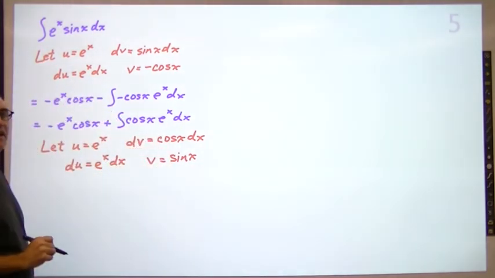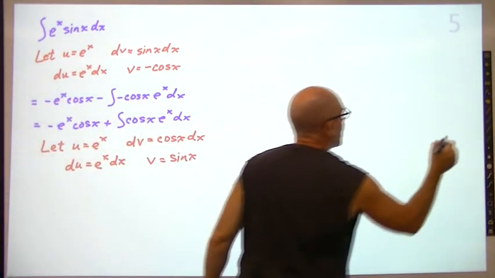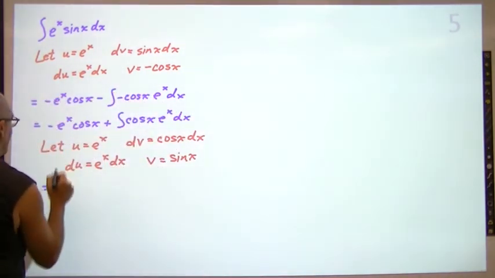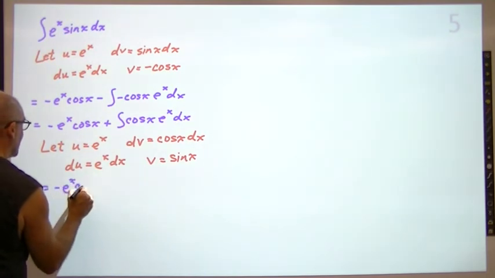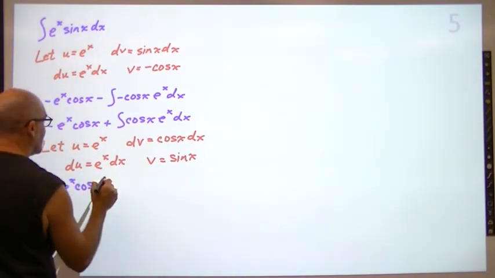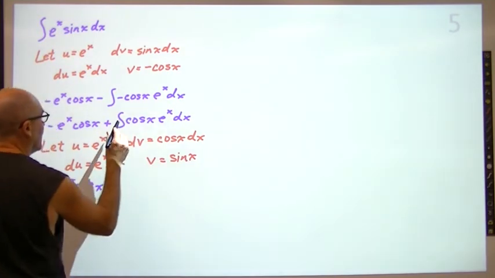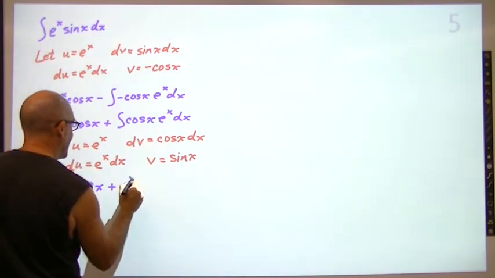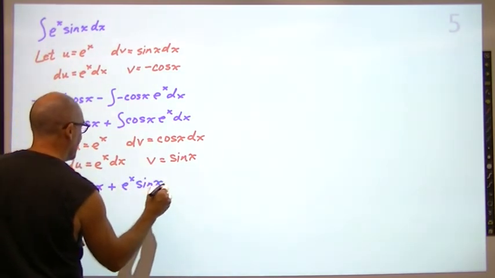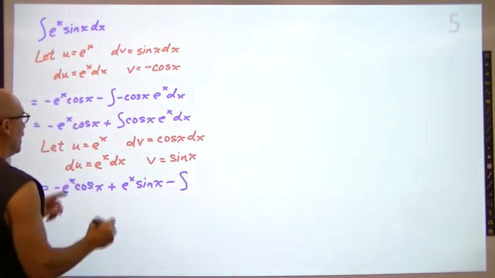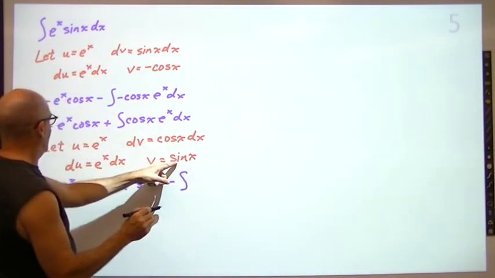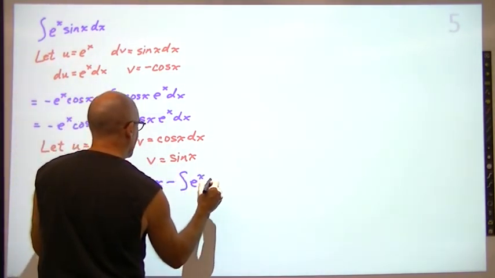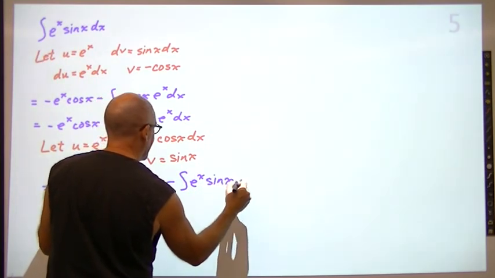The integral of cosine is sine. So, now I have negative e to the x cosine x plus, now we need the uv, so it's e to the x sine x minus the integral of v du. So sine x e to the x dx, or we'll just go e to the x sine x dx.